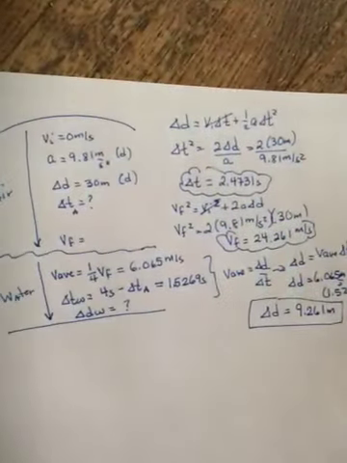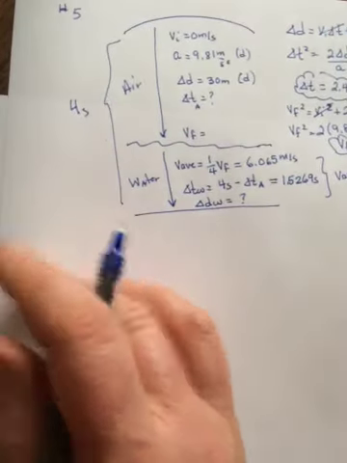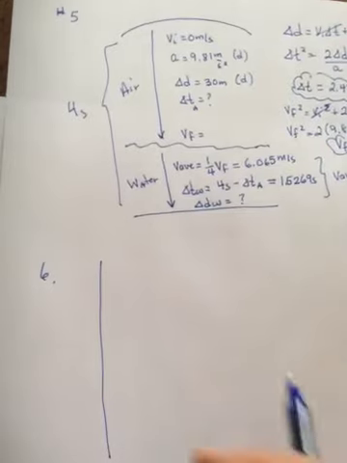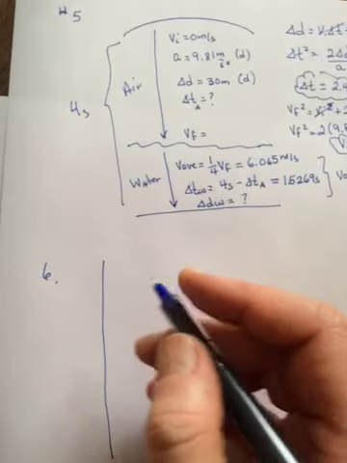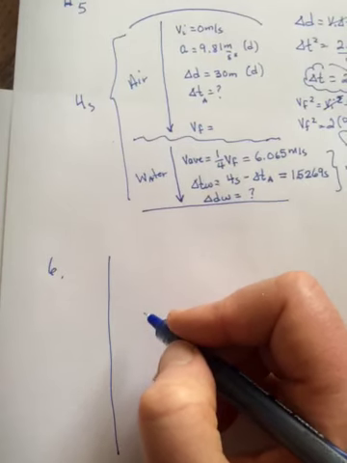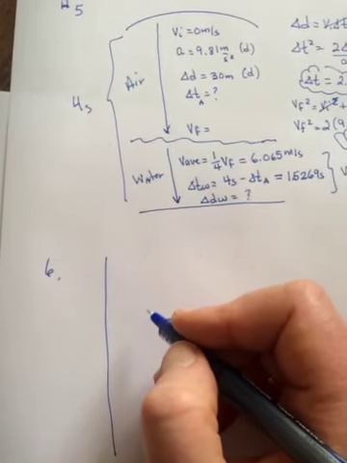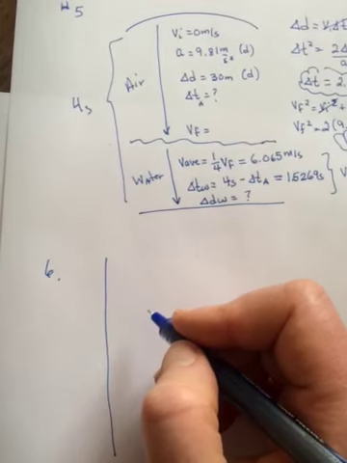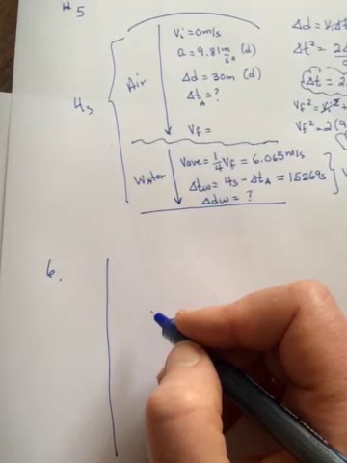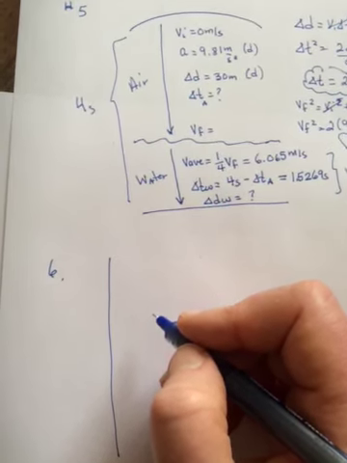Number 6. Number 6 is the skydiver. Okay, so I'm gonna go like this because he's skydiving. He leaves the plane at an altitude of 3,000 meters, falls freely for 6 seconds before opening her chute. Because of air resistance, experiences acceleration of only 8 meters per second squared during free fall, then the chute fills with air.